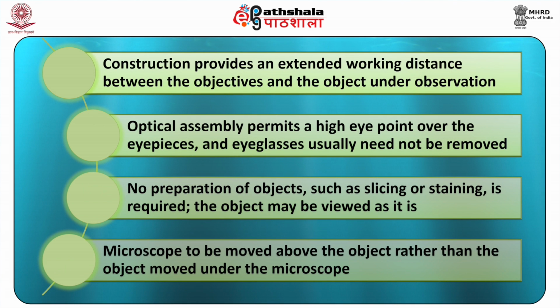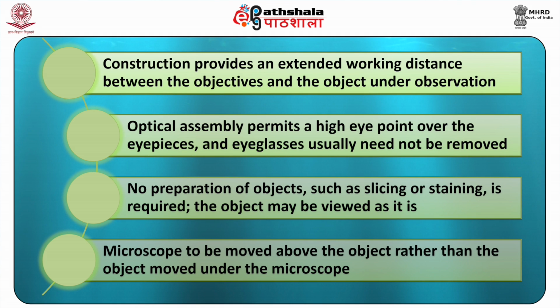Fifth, its construction provides an extended working distance between the objectives and the object under observation, which is a distinct benefit in document examination. This lens to object distance also permits wide latitude in the choice of an illuminator and in the angle of incidence of the light thrown on the object.